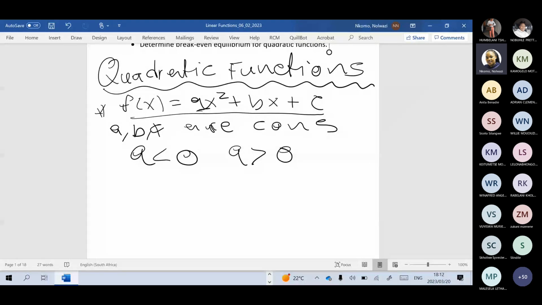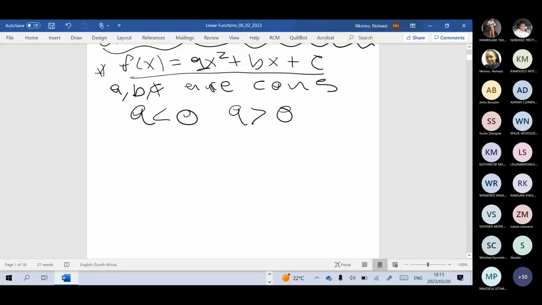We need to find the roots too. Our roots will be determined using this formula: x equals minus b plus or minus the square root of b squared minus 4ac, over 2a.